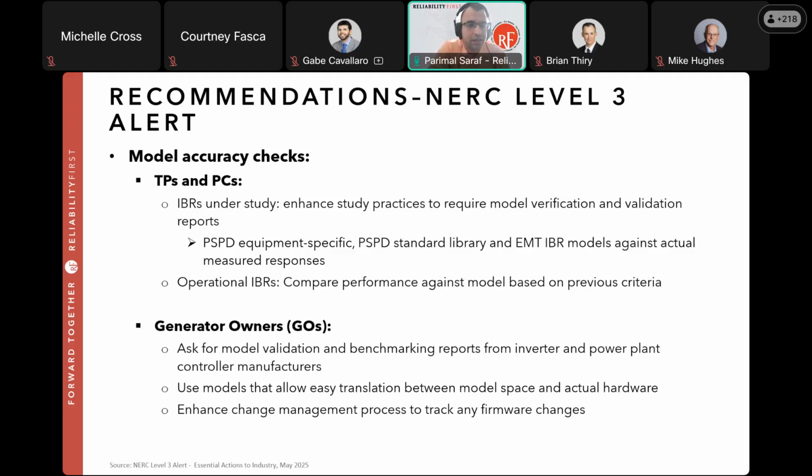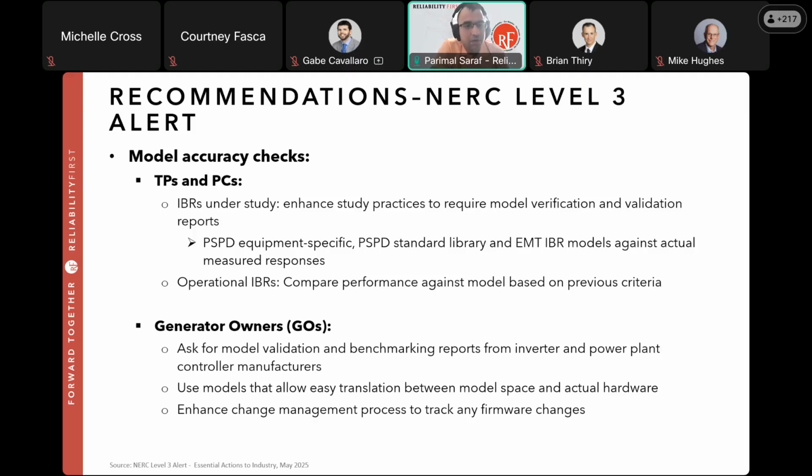And these requirements are specifically set for IBRs that are in the queue and are being studied under the interconnection process. And for IBRs that are already operational and operating in the field, their performance has to be compared against the models that currently exist, based on the previously existing criteria that was in place when those IBRs went through the interconnection process.